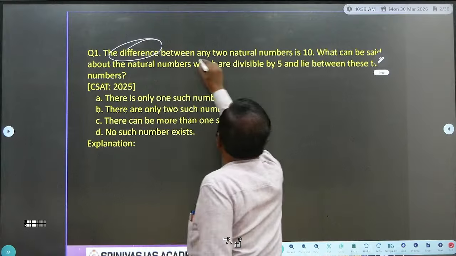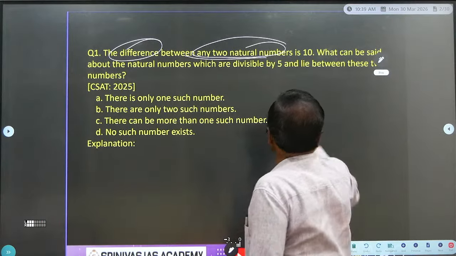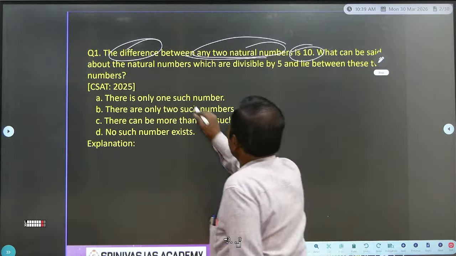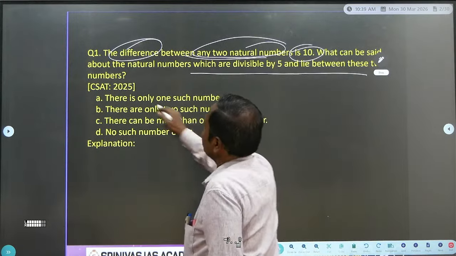The difference between any two natural numbers is 10. See, what can be said about the natural numbers which are divisible by 5 lying between these two numbers?